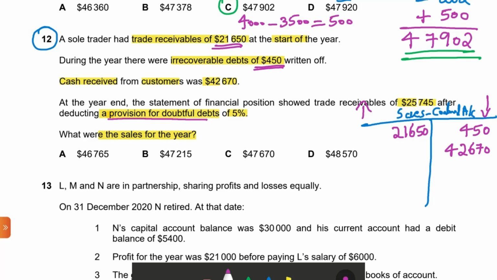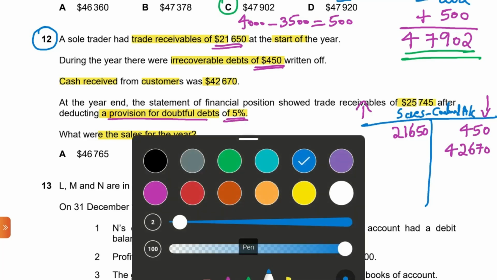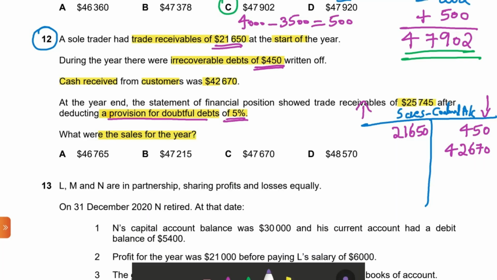In the control account, we show the receivables before deducting the provision for doubtful debts. So 25,745 is after deducting 5%.